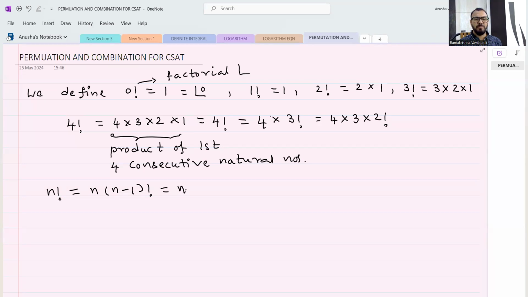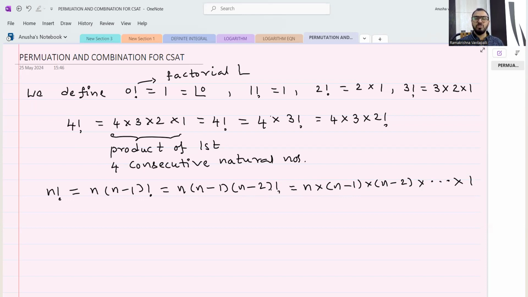You can continue by decreasing 1 by 1: n into (n minus 1) into (n minus 2) factorial. If you continue this process, you will get n into (n minus 1) into (n minus 2) and so on, up to 1. So this is known as n factorial.